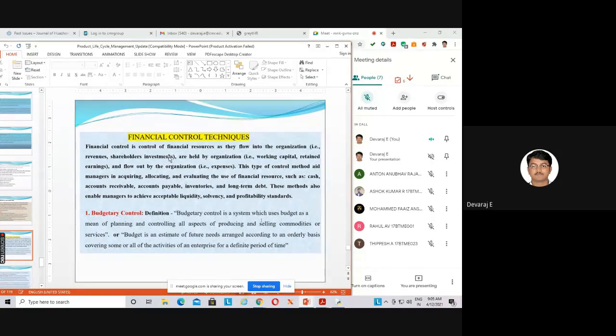Ashok and Anton? What is solvency, students? No one knows about solvency.